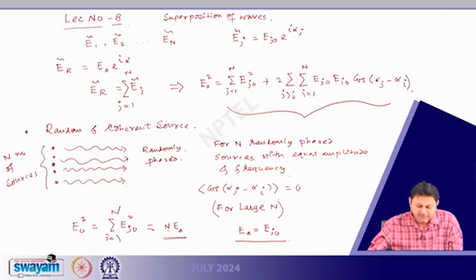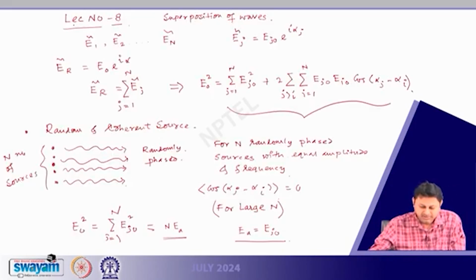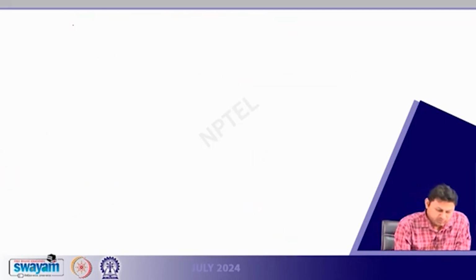Before going on, I would like to mention what happens to the intensity, because that is the quantity normally we look for. The intensity I is proportional to E square.